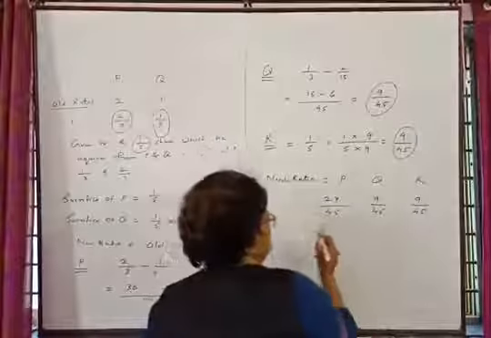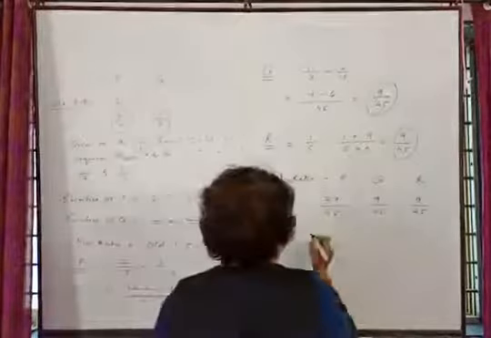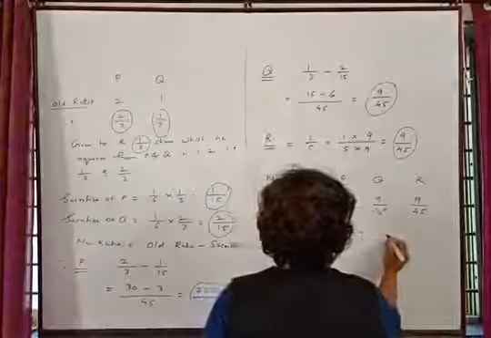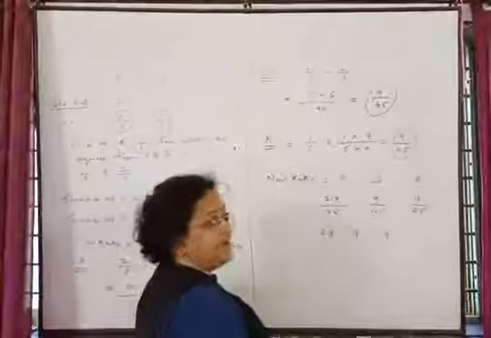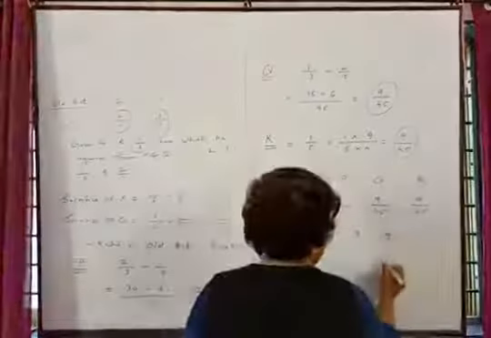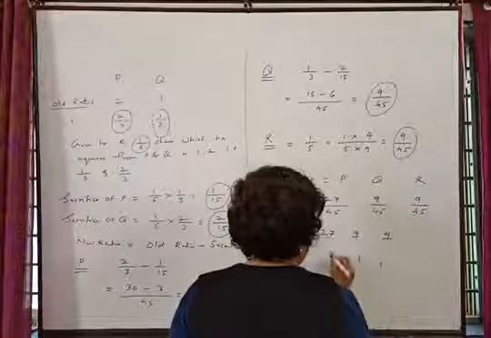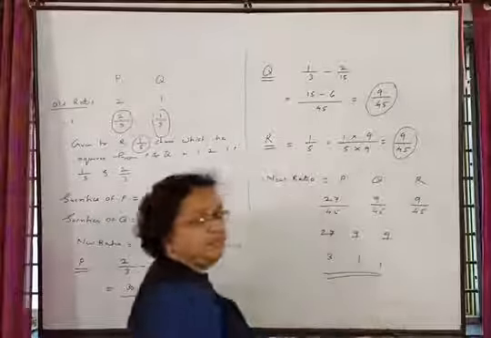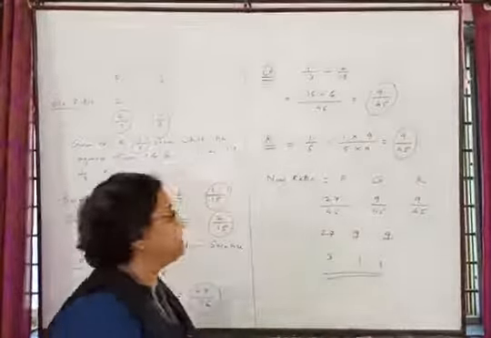So we will cancel the denominator and it will be 27 is to 9 is to 9. We can divide by 9. So the new profit sharing ratio between the three partners will be 3:1:1.